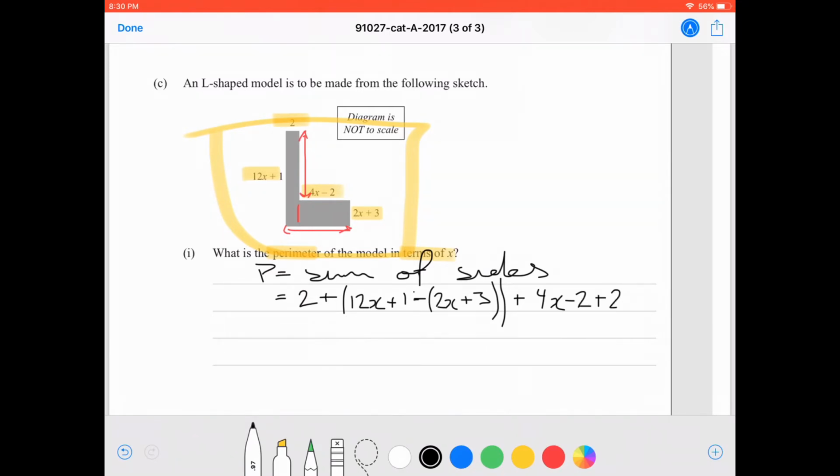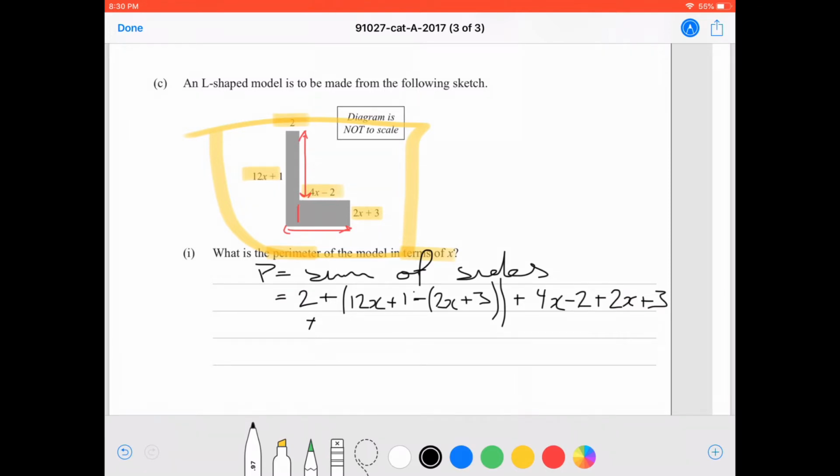Plus 2x plus 3 plus, now our bottom red line, the one that goes horizontal, that will be 2 plus 4x minus 2. Okay.